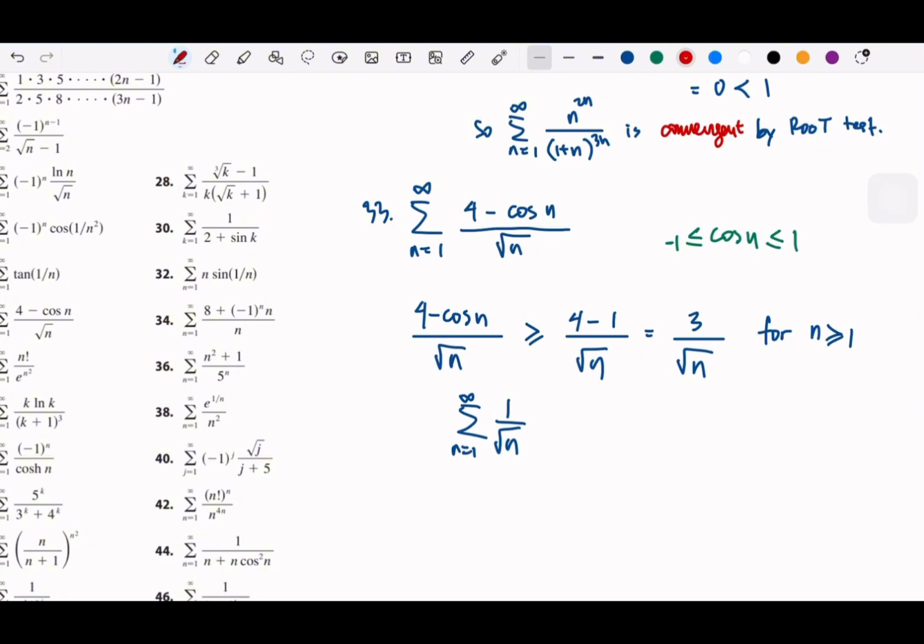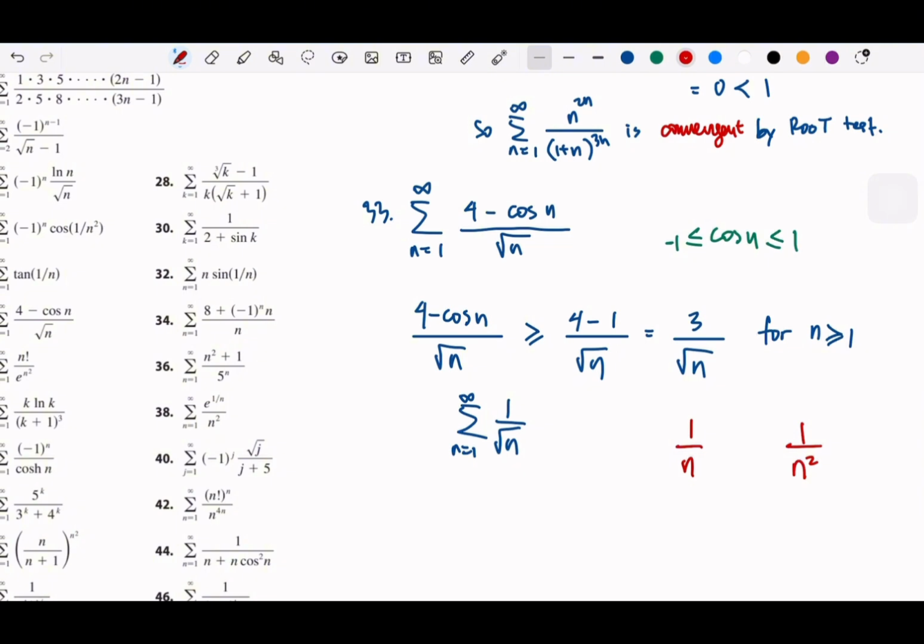Okay, so this is the P series. We only have choices for the P series. The P series is 1 over n with power of P. I will only give you these two options: 1 over n, 1 over n squared.